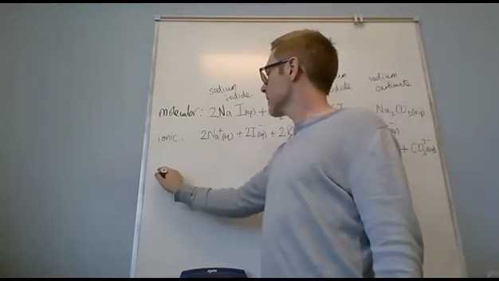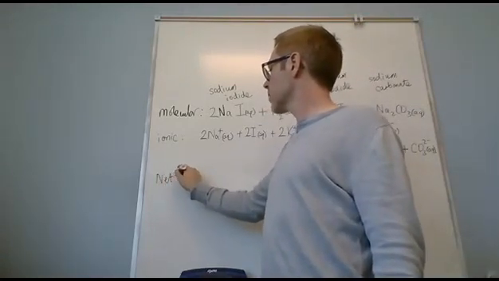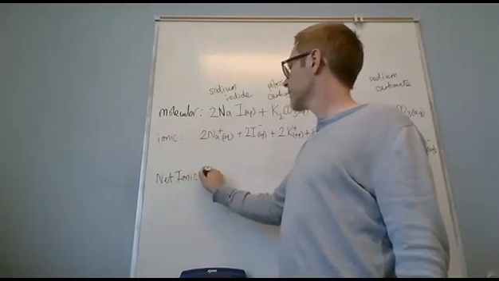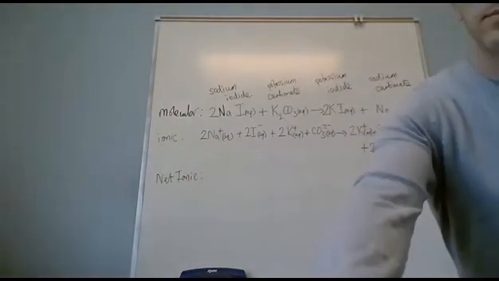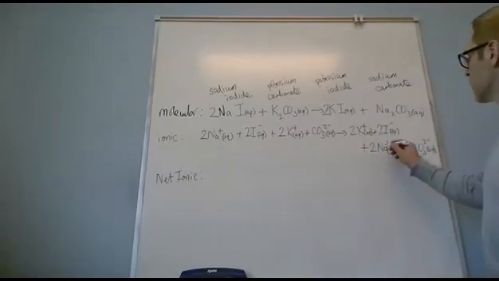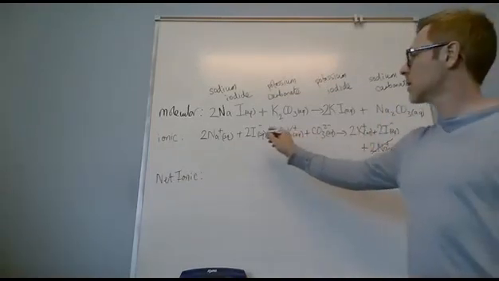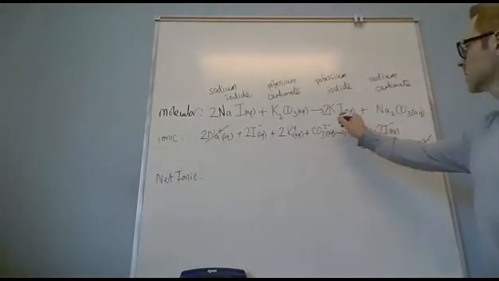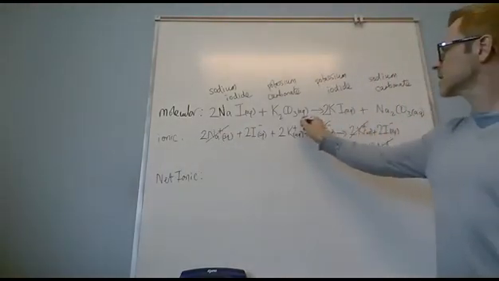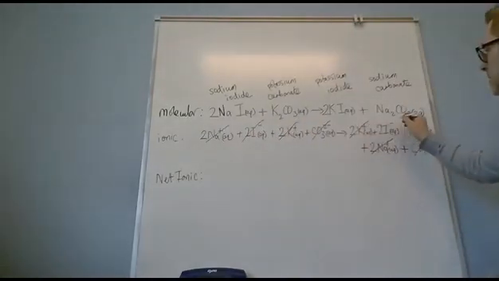I'm now going to cancel spectators and look at the net ionic equation. Anything that's identical can be cancelled. So I have two sodiums on each side. I have a carbonate on each side. I have two potassiums on each side, and I have two iodides on each side.